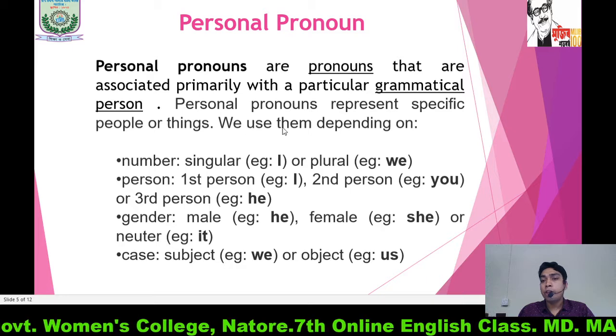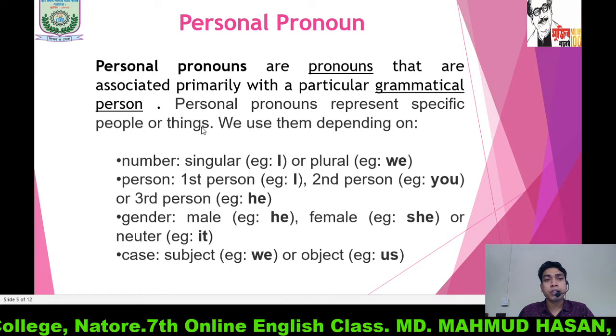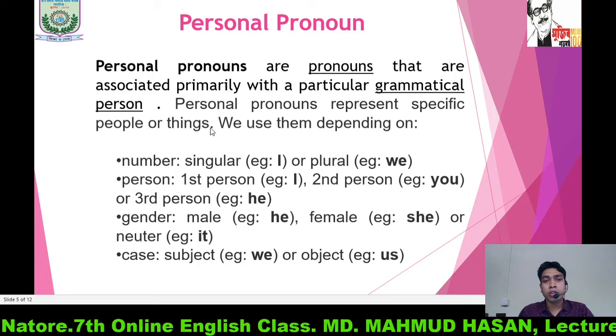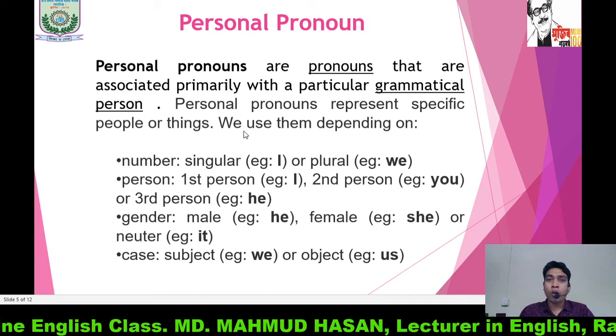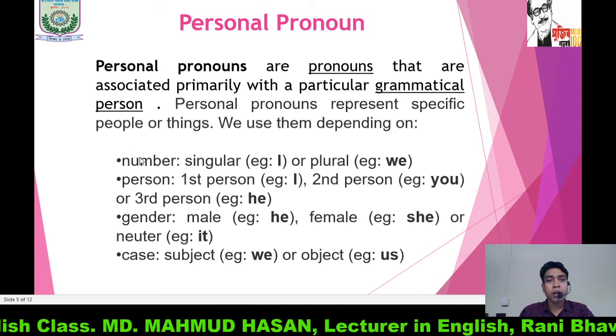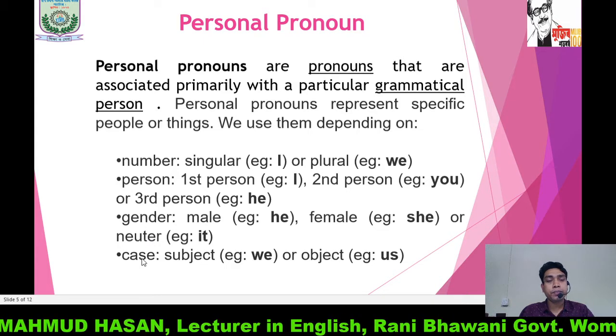Personal pronouns represent specific people or things. We use them depending on number, person, gender, case.